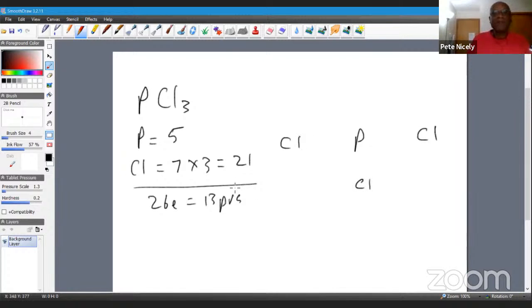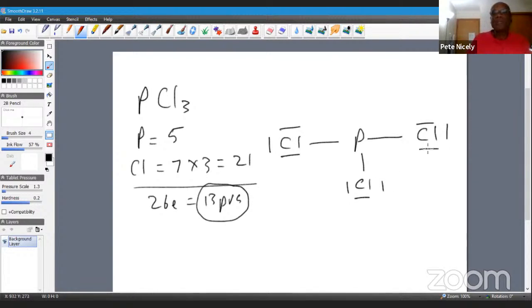Now remember, we have 13 pairs to assign. The first 3 would be the 3 bonding pairs here, here, and here. Then the next pairs of electrons would go on the chlorines, 4, 5, 6, 7, 8, 9, 10, 11, 12.